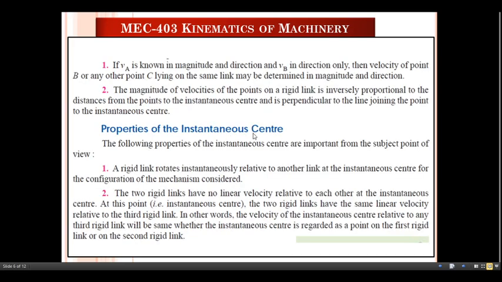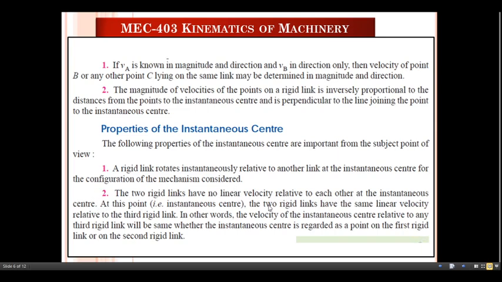Now, what are the properties of the instantaneous center? The first one is that a rigid link rotates instantaneously relative to another link at the instantaneous center for the configuration of the mechanism considered. The two links have no linear velocity relative to each other at the instantaneous center.